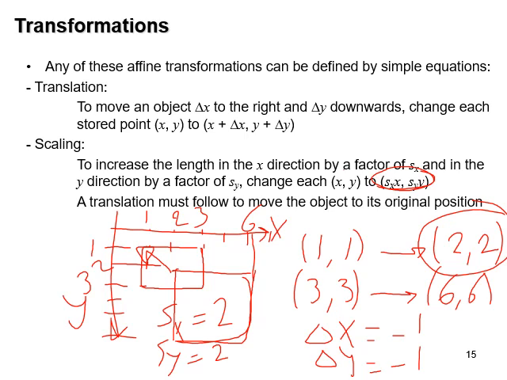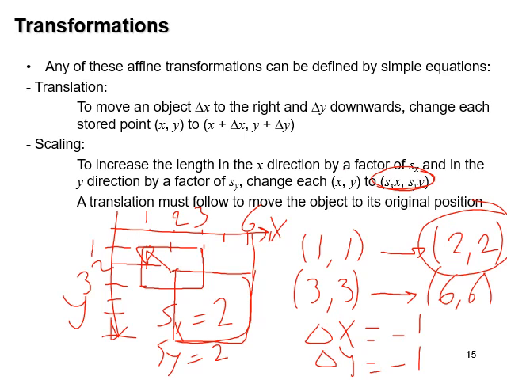So we talked about translation and we talked about scaling, how we can increase. Now, what if you would like to reduce the size of something? In that case, sx and sy have to have a value less than 1, like 0.5, 0.6, 0.4, and so on. Another thing: what if sx and sy are fractions? For example, let's assume sx was 1.5, and you want to increase the size of the square by a factor of 1.5.